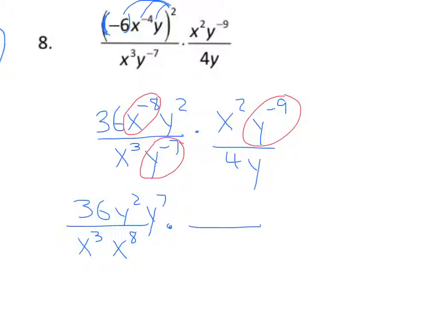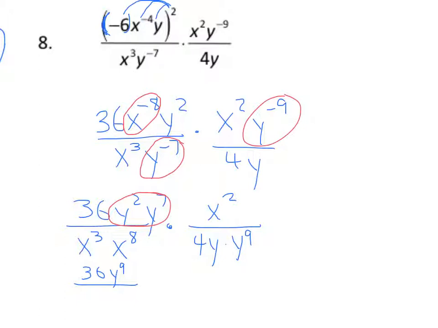For the next part, I just have to move y to the negative 9 down, and we get y to the positive 9 in the bottom. Now I can simplify this first fraction. I can multiply y squared times y to the 7th, and I get 36y to the 9th if I add the exponents.